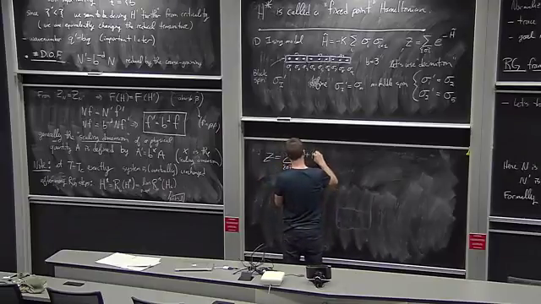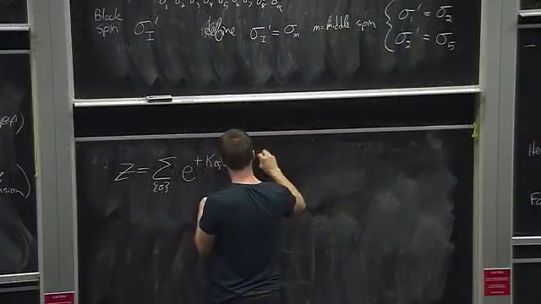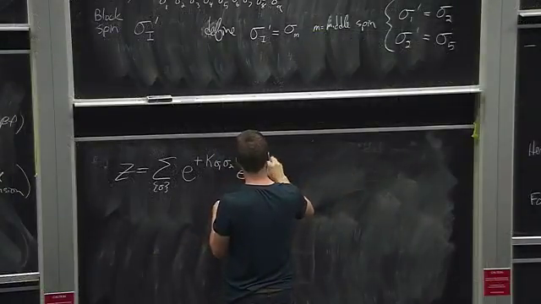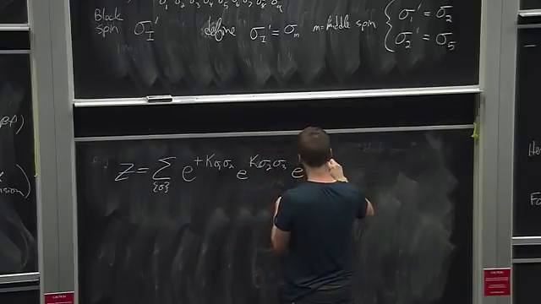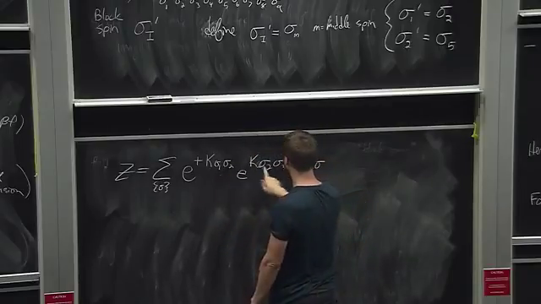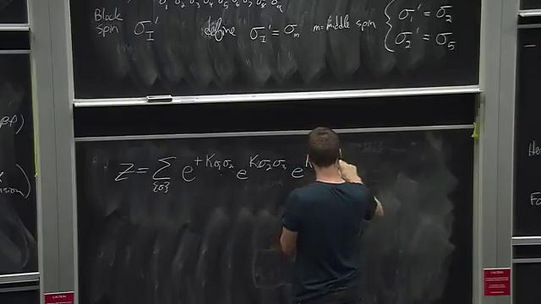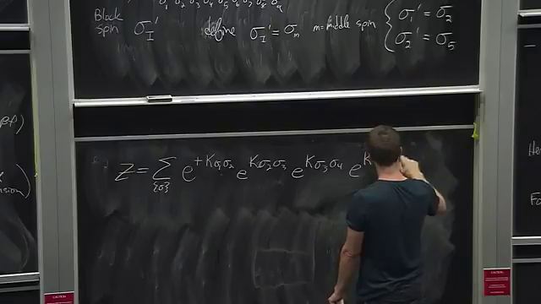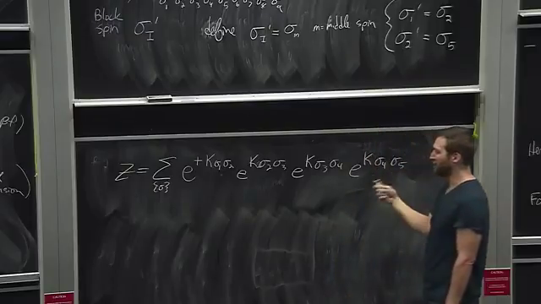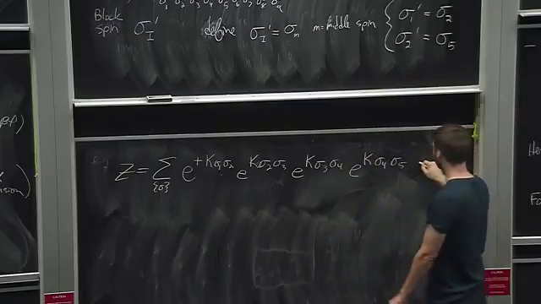So let me write all the terms. That's easiest. One, two, 3, 4. So by definition, these are all the nearest neighbor pairs.